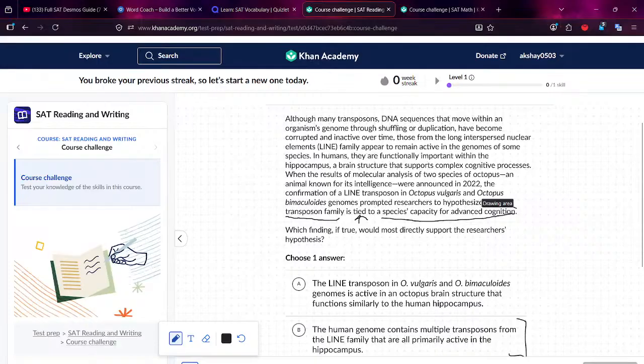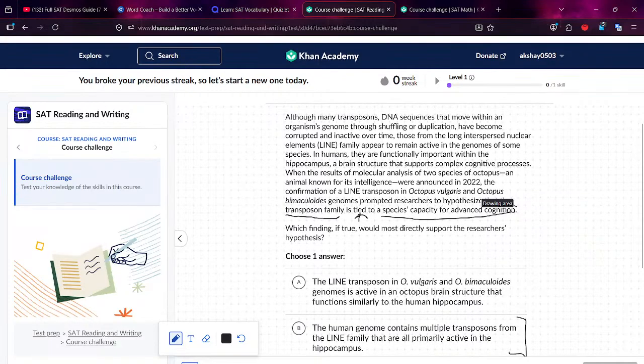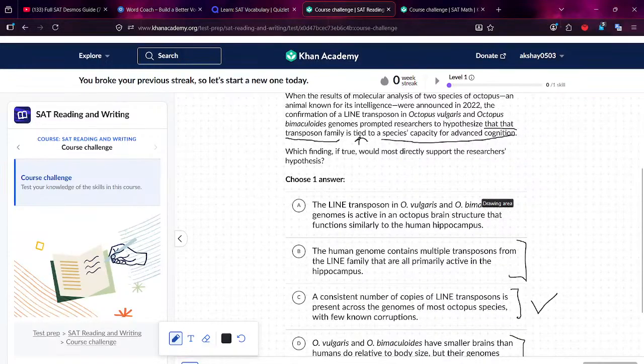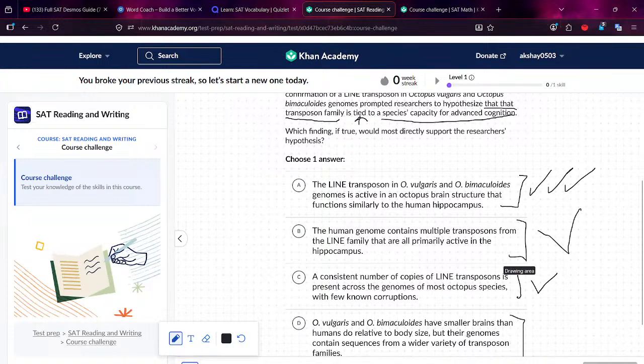I mean, it's not necessarily. Hippocampus is a complex cognitive process. So yeah, this makes sense here. This one's the strongest, I would think, because this one says that human genome contains multiple transposons that are all primarily active.